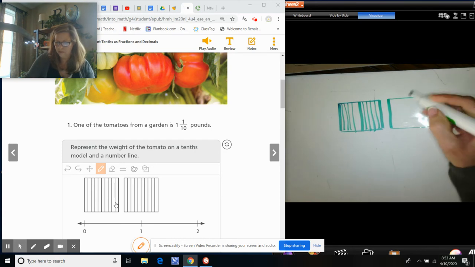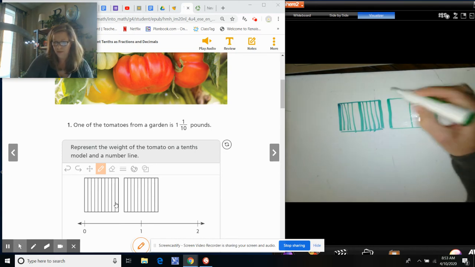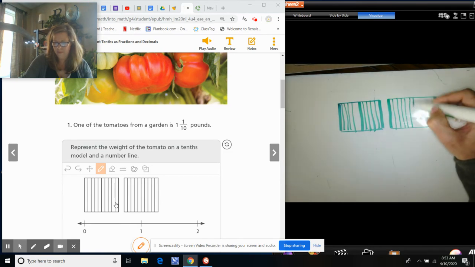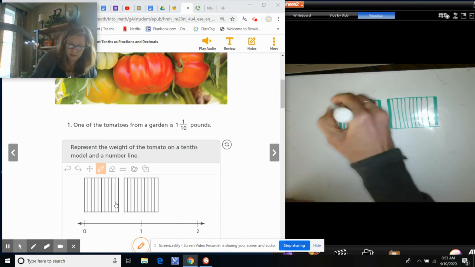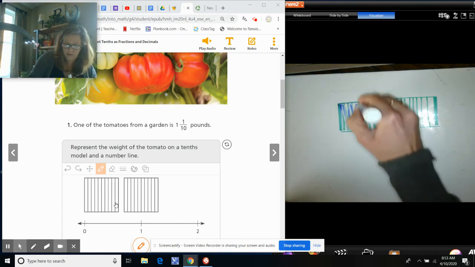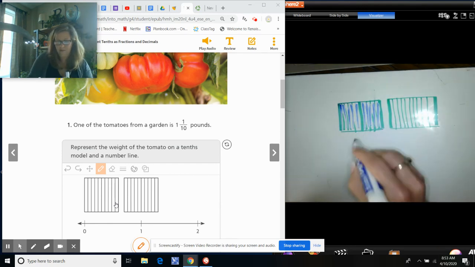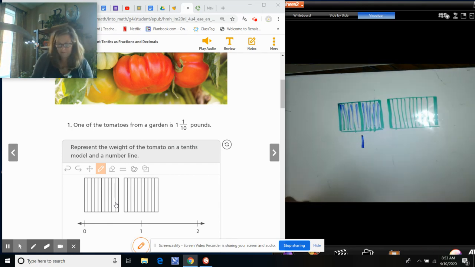That second box that's broken into tens, let me draw this out. Okay, so you should have colored in all of the bars on the first one, and that's representing the 1.